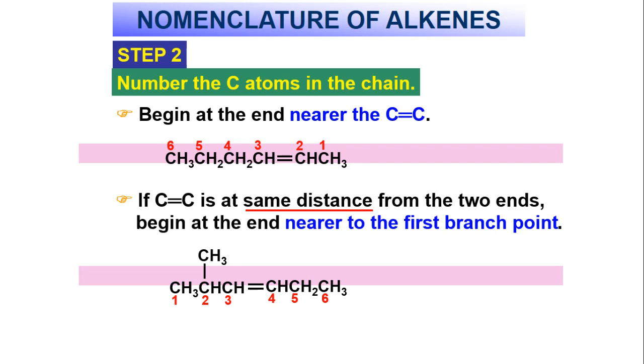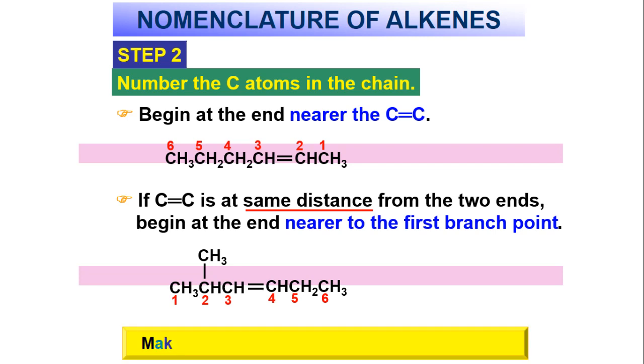This should be your second step when naming alkenes. Make sure that the C=C bond gets the lowest possible number.